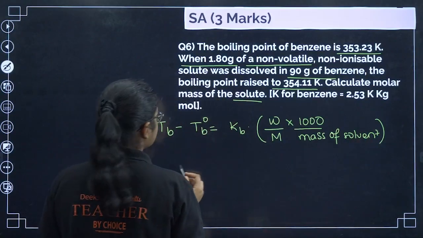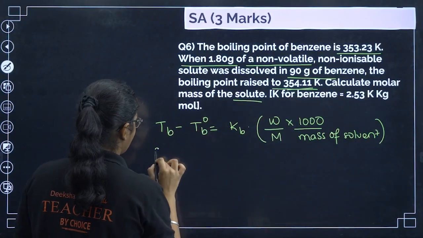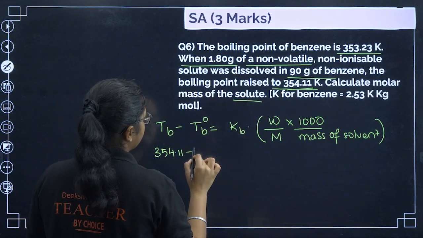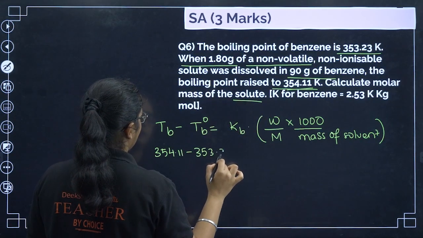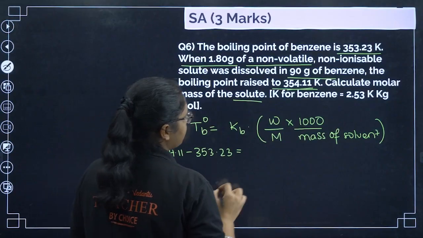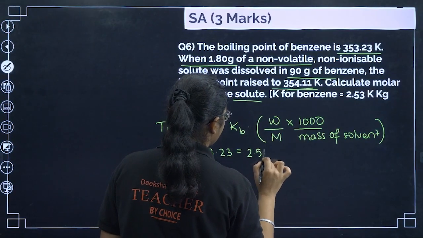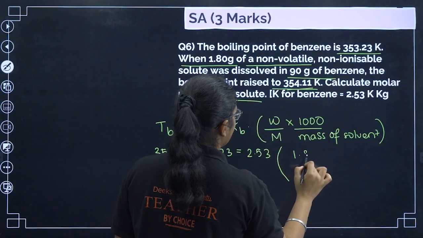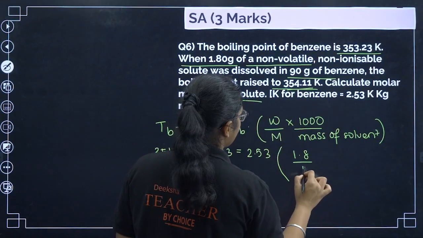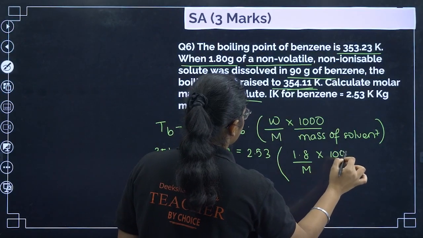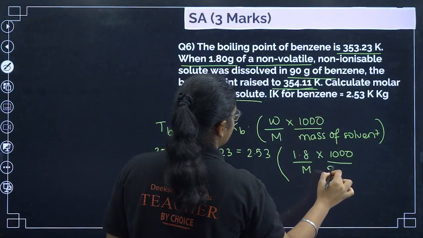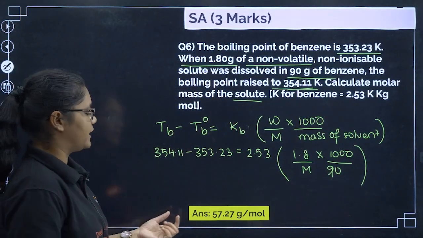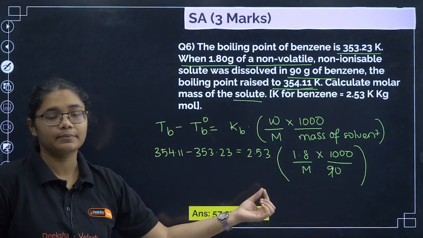Now if I solve this, the final boiling point is 354.11 minus 353.23, equal to Kb, which is 2.53, and then the mass of the solute is 1.8 grams. Molar mass we have to find out, 1000 by mass of the solvent, which is 90 grams. So if I solve this, the M value that I'll get is 57.27 gram per mole.